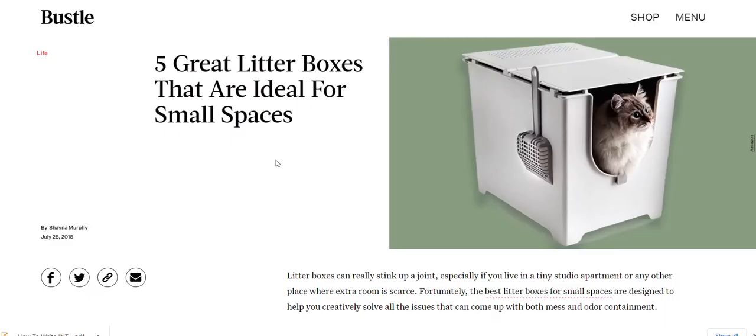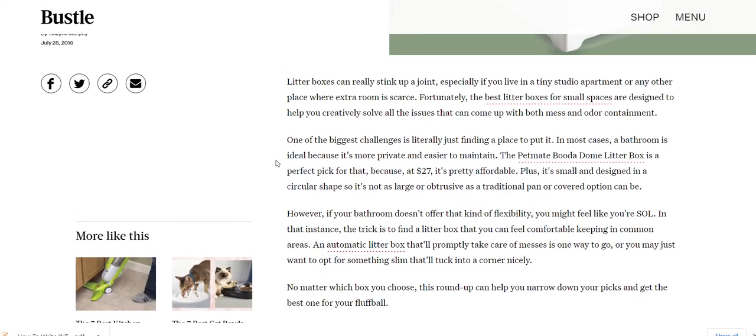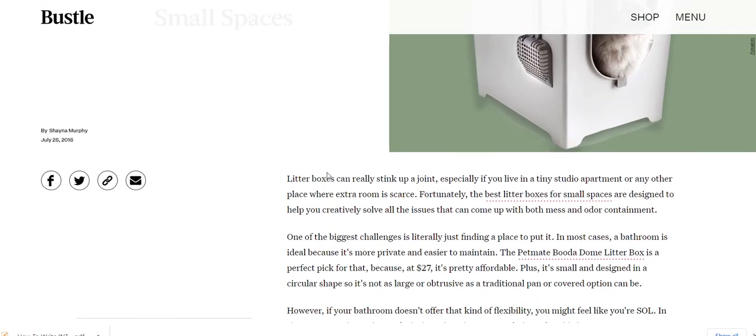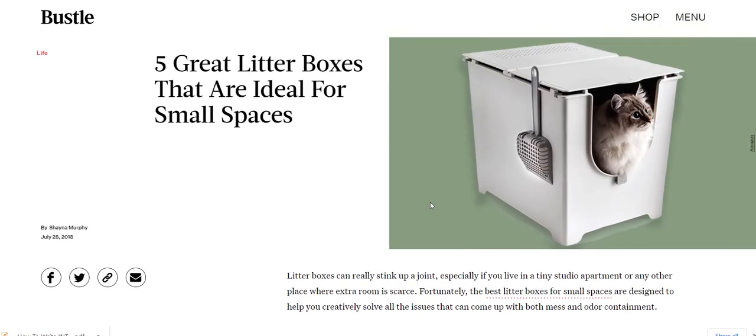Another type of intro involves product reviews. The great thing about this review is that it zeroes in on the problem that's solved by the product that this article reviews. These are for cat litter boxes that are intended for small spaces.